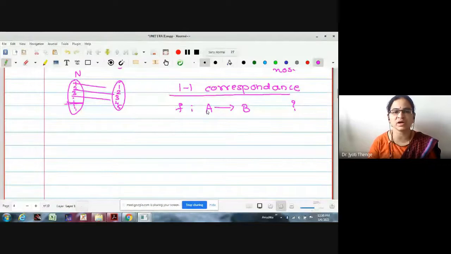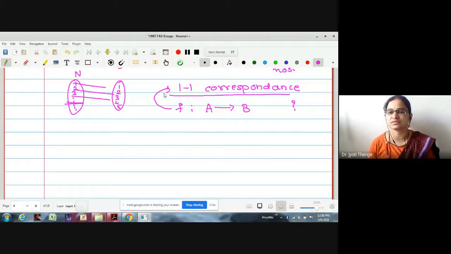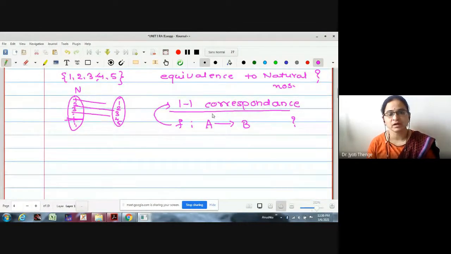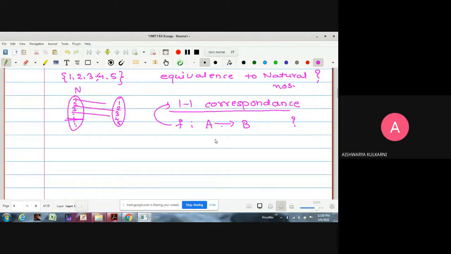No doubt, the one correspondence is a function. But what are the properties possessed by the function so that it becomes a one correspondence? Getting my question? Yes? 1, 1 and onto. Yes, very good.